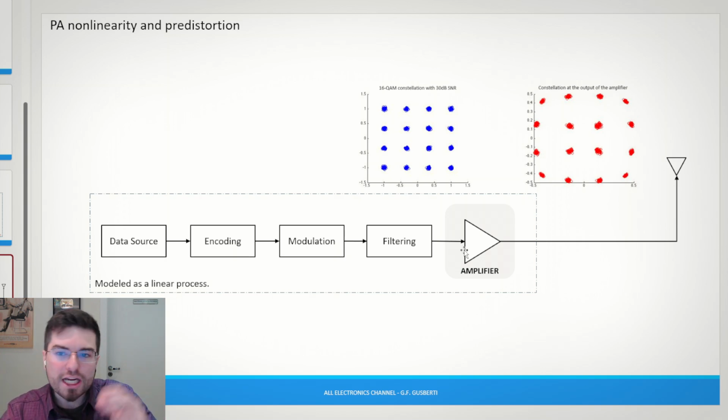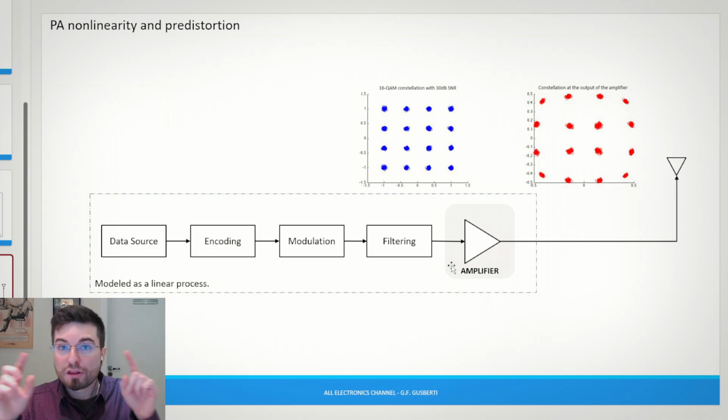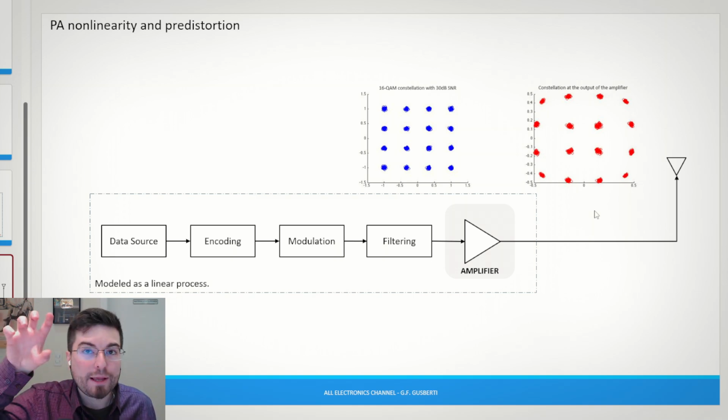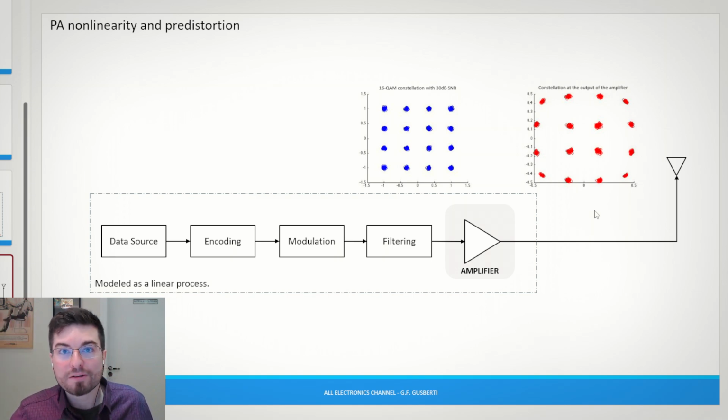When we place a nonlinear component, a very nonlinear component like the amplifier, we break all these assumptions. Because think with me, probably it's possible to create modulation and demodulation techniques that would recover a signal that was very distorted by a nonlinearity. Probably in many cases, it's possible to create a magical black box that would decode a signal very corrupted by a nonlinear effect.